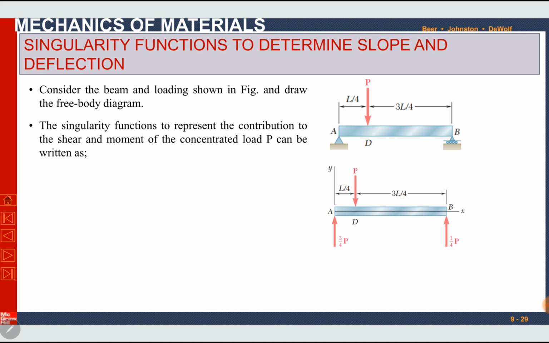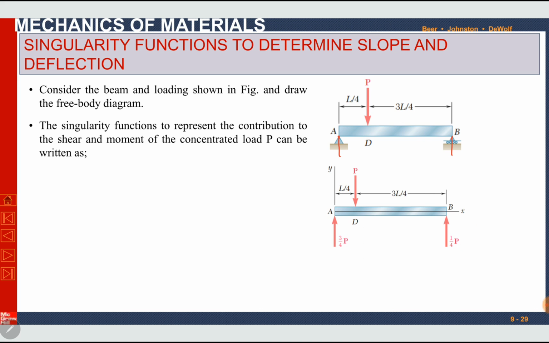In this example, this is a simply supported beam under a concentrated load P downward. First we have to find the reactions at point A and point B, which are 3/4P and 1/4P. You can calculate them by yourself.